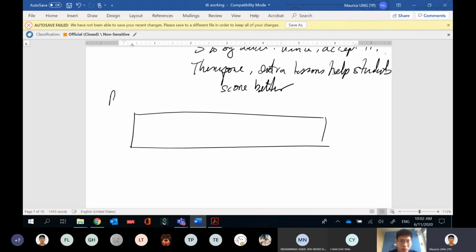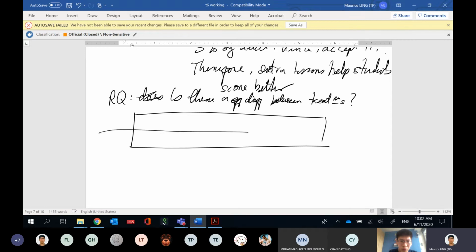The question is, is there a difference between treatments?